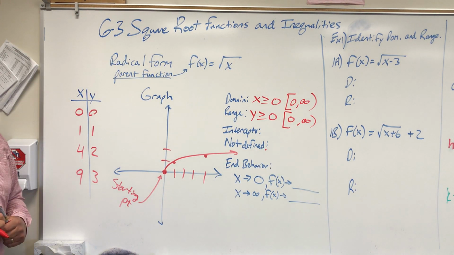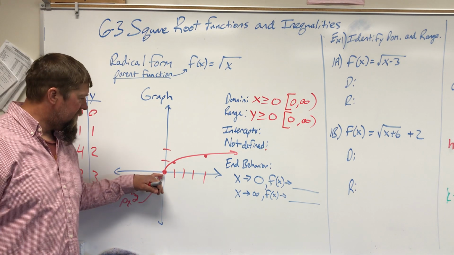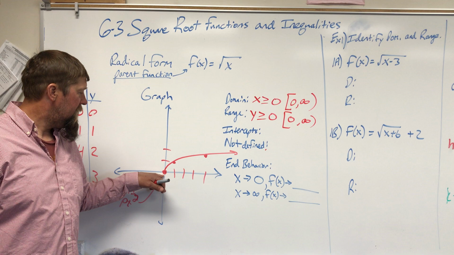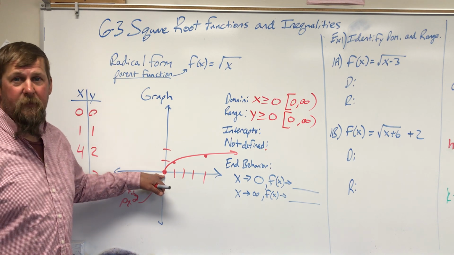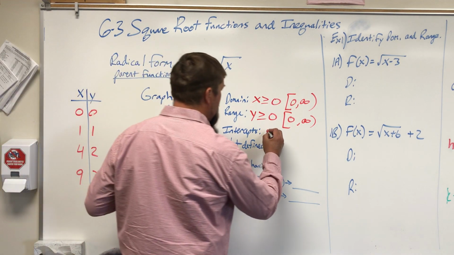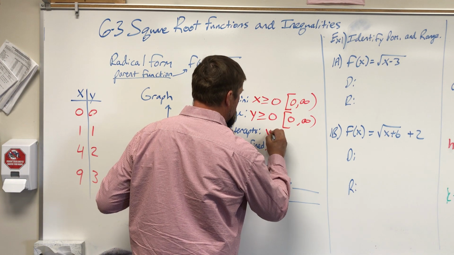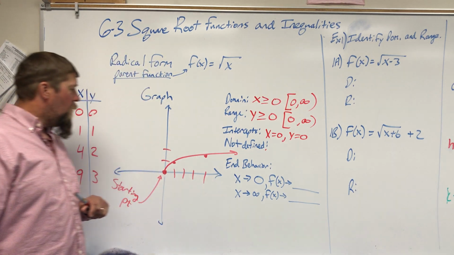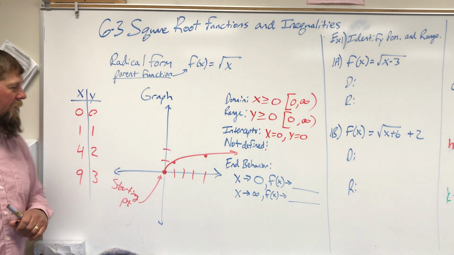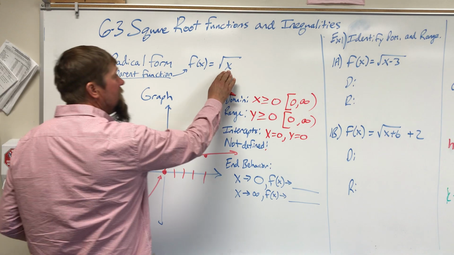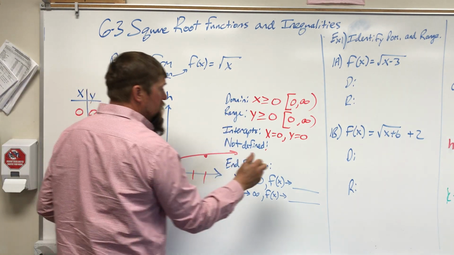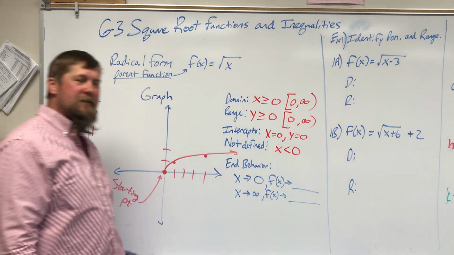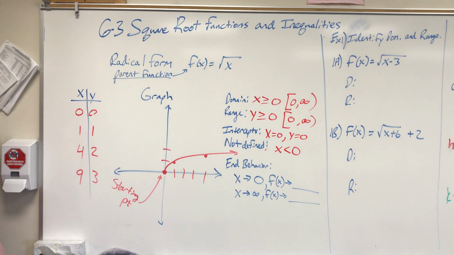The intercepts of this graph. In this case, the x-intercept is where it crosses the x-axis, and that's 0. The y-intercept is also where it crosses the y-axis, and that's 0. So the intercepts are x equals 0 and y equals 0. What is not defined? Well, it's not defined if x is less than 0. So anywhere x is less than 0, it is not defined.